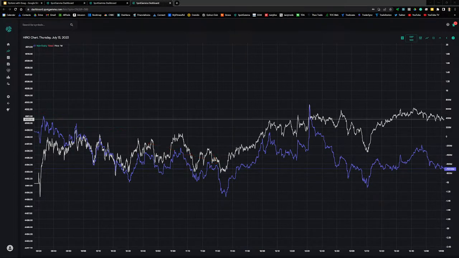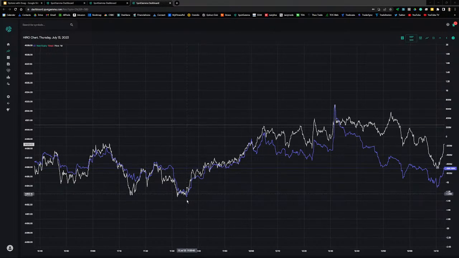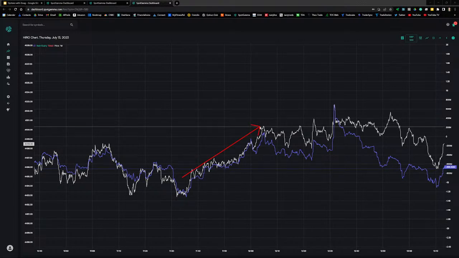Let me clean this up, we'll zoom in a bit. Then finally the S&P 500 made a final test of that 448 level and moved higher as options traders started taking positive delta positions, with a move up to the 4500 level.